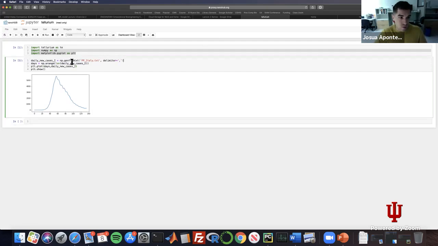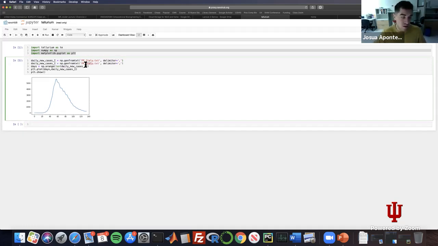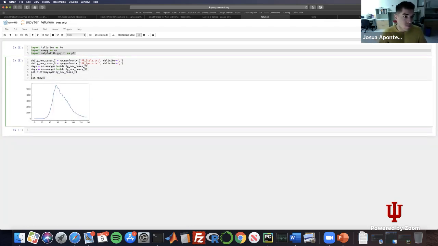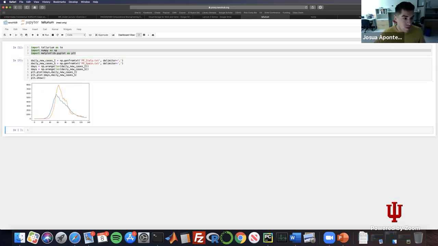And now I can do something a little bit more fancy. We can put them all together. Let's do Spain. So now you can compare Italy and Spain in terms of daily new cases, but this is since this data started being recorded, so it's not necessarily synchronic.